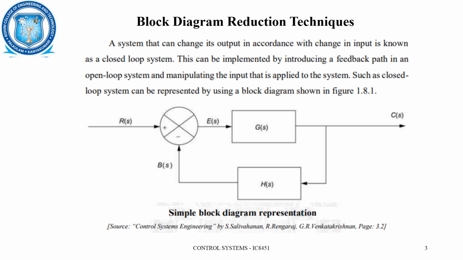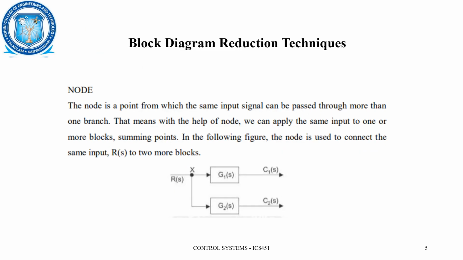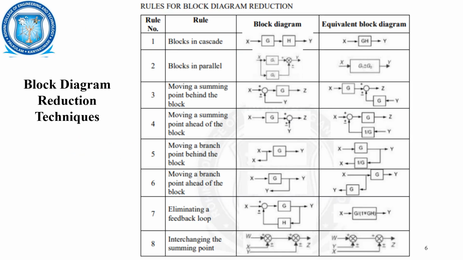So arrow representation is very much important in case of the block diagram reduction technique, because only with the presence of the arrow direction can we easily identify where the signal is going from and to. So as I said, we have the block, the summing point, and the node. There are certain rules for reducing the block diagram.